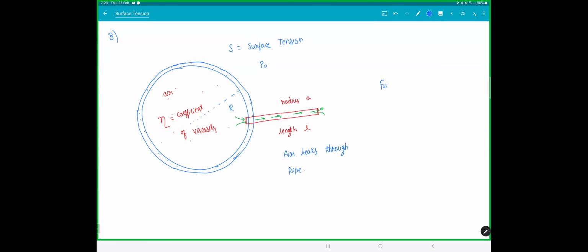Find the radius of the bubble after time t. At t0, the radius is capital R. If the air is continuously going out, the bubble eventually will become smaller and smaller. So what is the radius after time t? Let's get this. This would be a good one.